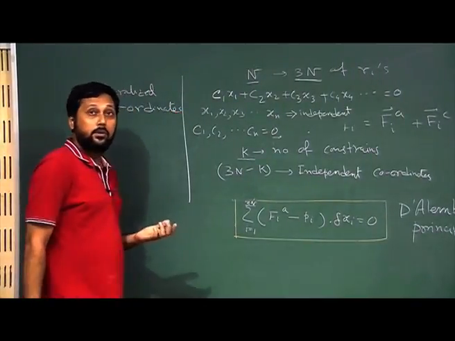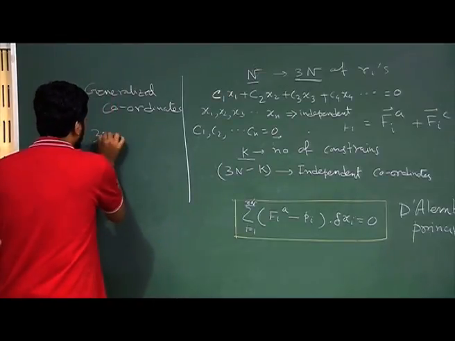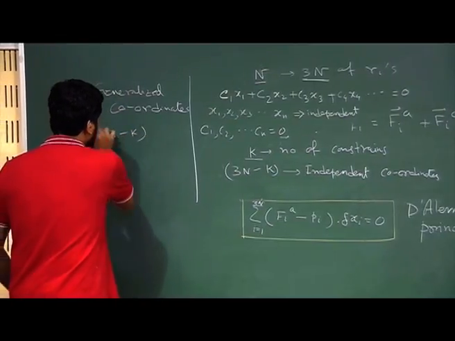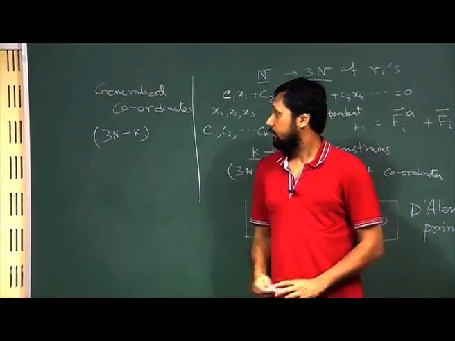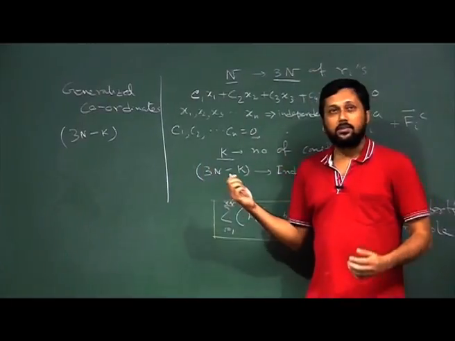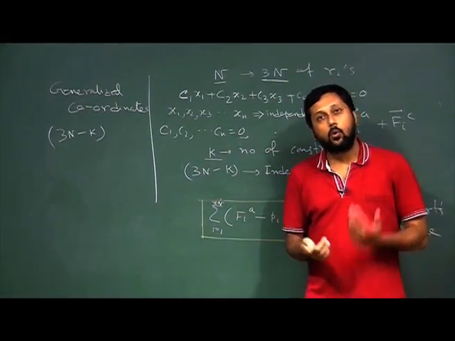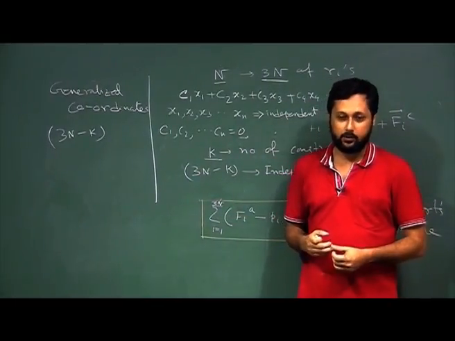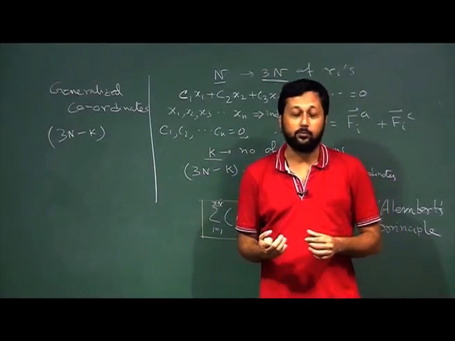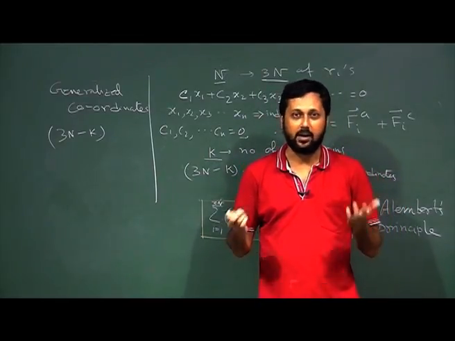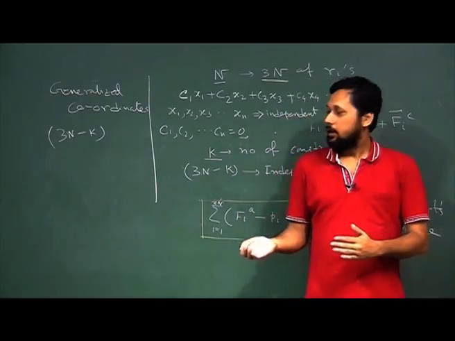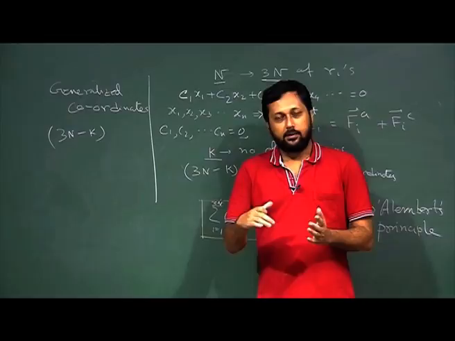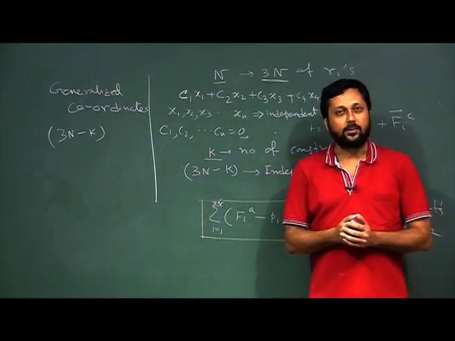How many generalized coordinates do we need? We need 3n minus k generalized coordinates. These need not be coordinates as such. It could be electric charge, it could be mass, some independent quantity which does not depend on any other quantity used to describe the system.